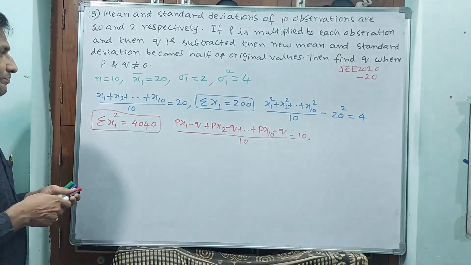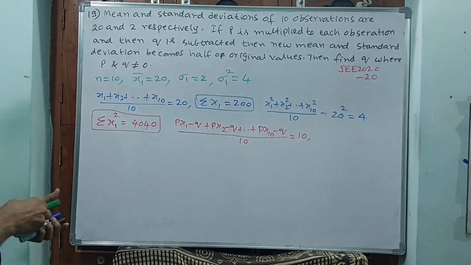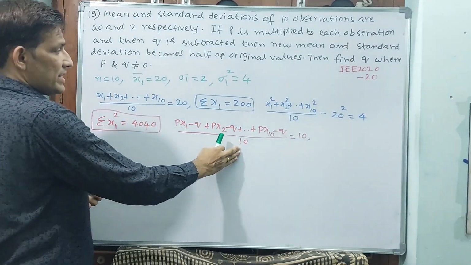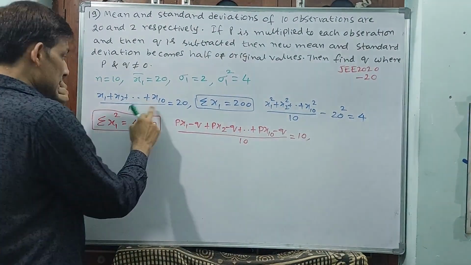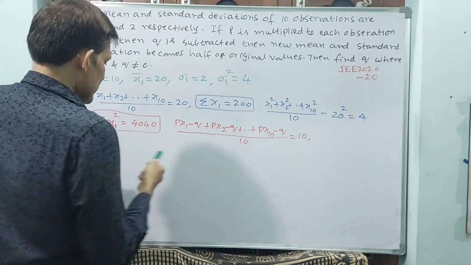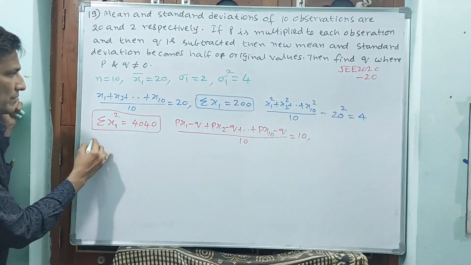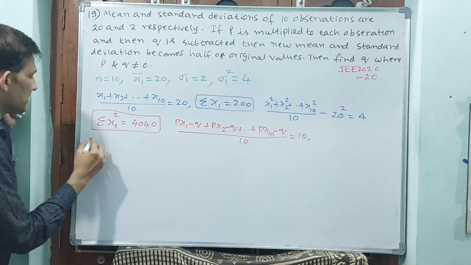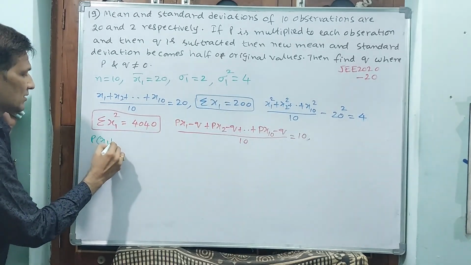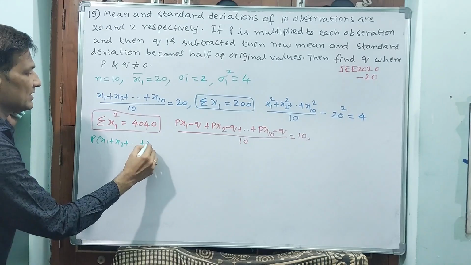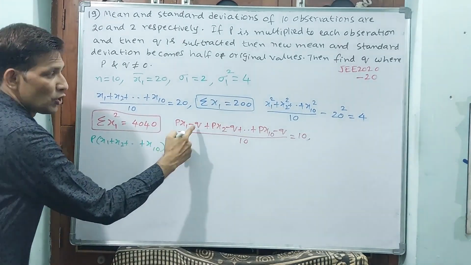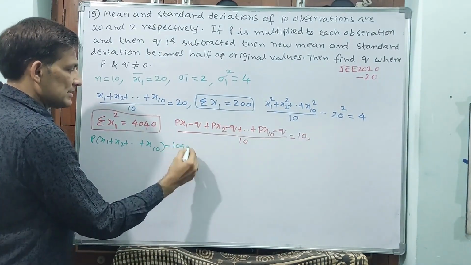Okay, n I shall write directly as 10. Now see, 10 is okay, like here, and here 10. Now you see what I want to say. I will take P common: x1 plus x2 up to x10 will go, minus Q also, 10 times it will go.